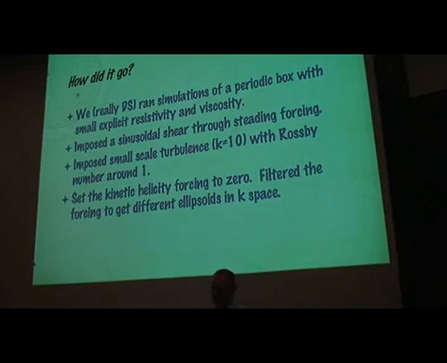And he used a Rossby number about 1, which means that the energy involved in that large-scale shear is much greater than the energy in the small-scale turbulence. We explicitly set the kinetic helicity forcing equal to 0, just to make life simple. And we put in a seed field with 0 net flux and filtered the forcing to get different ellipsoids in k-space.